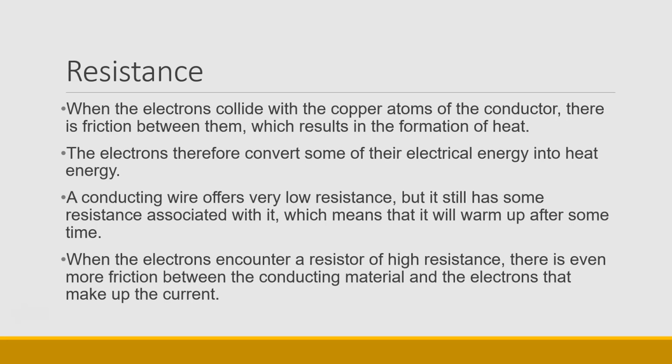Now, when the electrons encounter a resistor of high resistance, and remember that a resistor is also a conducting material, but it is a bad conductor of electricity, that creates even more friction between the conducting material of that high resistor and the electrons that make up the current.